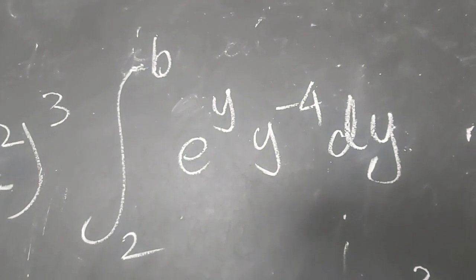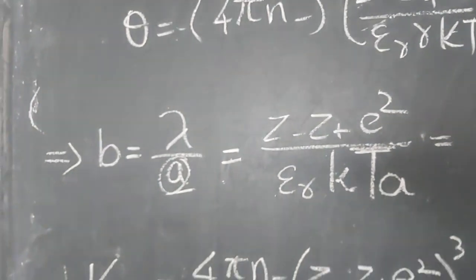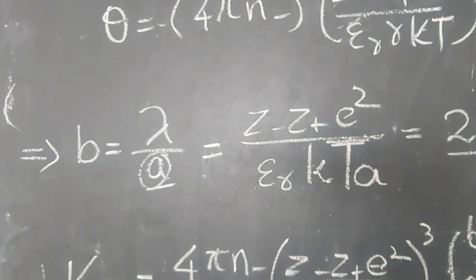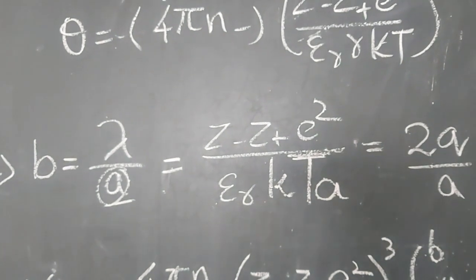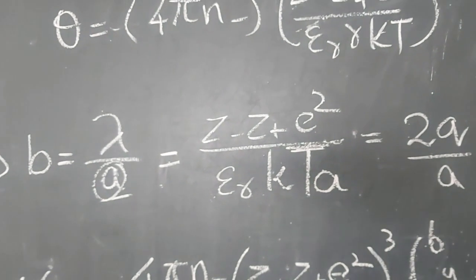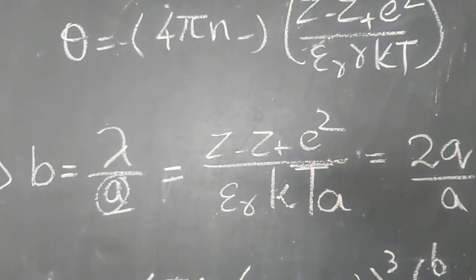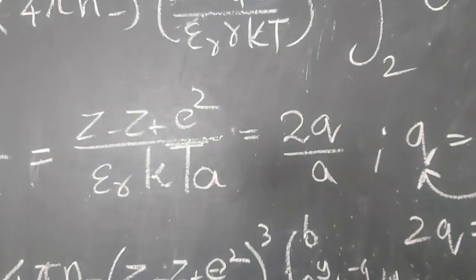Does anybody know how this term comes? From before, if we consider b equal to lambda by a, what is lambda? Lambda is z minus z plus e square by epsilon r kT, and a here is the distance of closest approach, and b is equal to q by a. How?